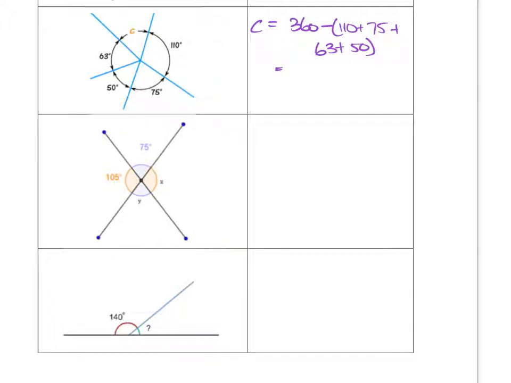So that gives us 360 minus 110 plus 75 plus 63 plus 50, 293 degrees. So that gives us 67 degrees. And the reason would be that angles at a point add to 360 degrees.